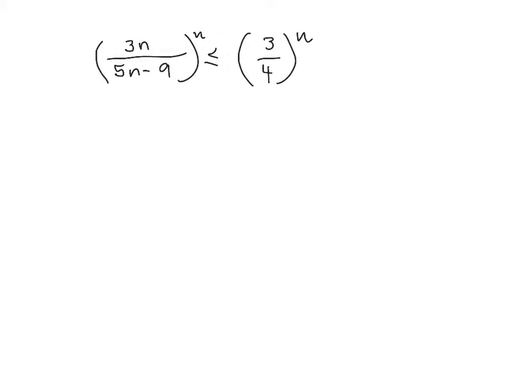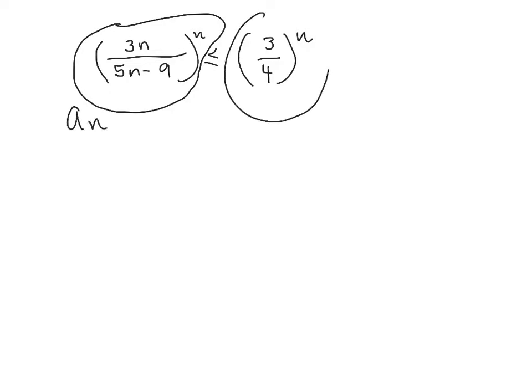And now let's call (3n over 5n minus 9) to the n our a sub n sequence, and (3/4) to the power n b sub n. And this inequality is true for n greater or equal to 9. As I said, the fact we start at 5 is really irrelevant when it comes to convergence or divergence.